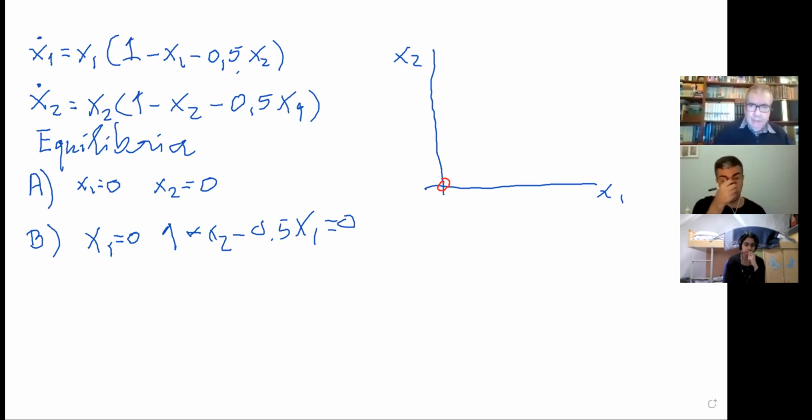You agree, Kaveh? Yes. Okay. So from making the first term 0 and the other term in the second equation 0, you get x2 equal to 1, sorry.